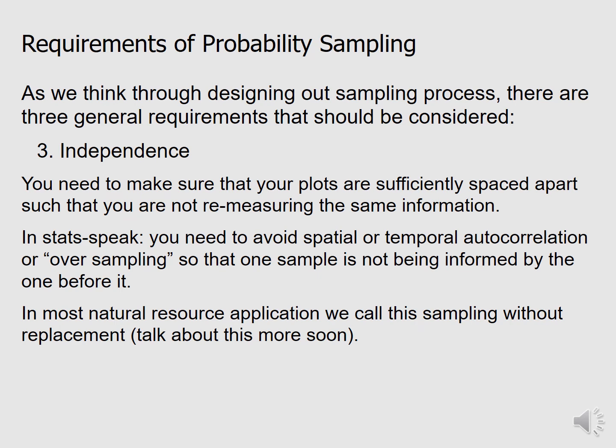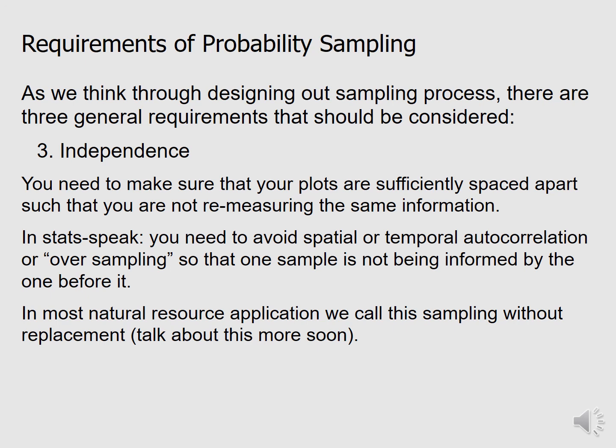The final requirement of a probability-based sampling design is the necessity of sample independence. This means we need to ensure that our sampling units are selected in a way that they are not influenced by sampling units that have already been selected. If we think about this from a pure statistical sense, it means you need to avoid spatial and temporal autocorrelation or oversampling so that one sample is not being informed by the one before it.